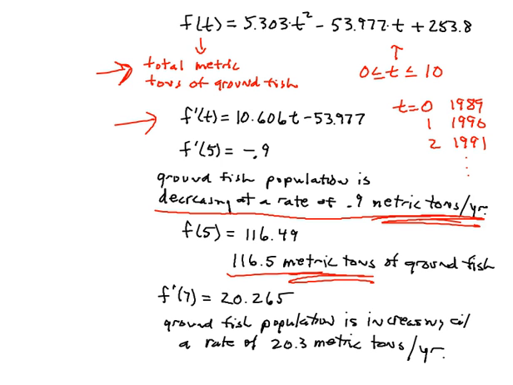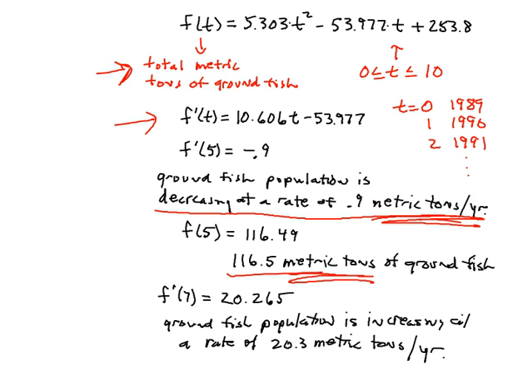So at the beginning of 1994, the number of groundfish was decreasing at a rate of about a metric ton per year. But then at the end of 1994, there was a fishing restriction, so that by 1996, the process of that population decreasing in size was actually reversed, and now it's growing at a rate of 20.3 metric tons per year. So that's quite a bit of change.